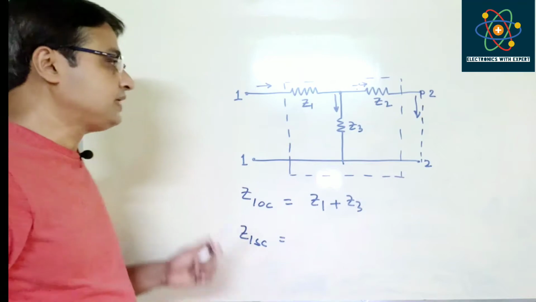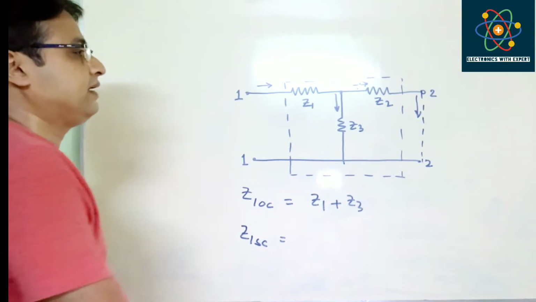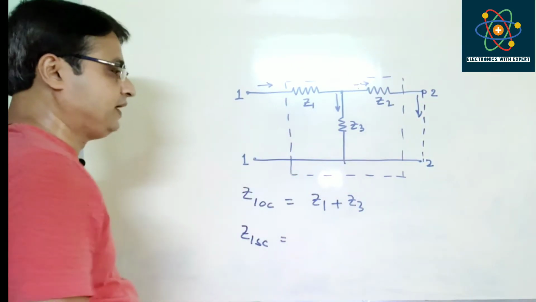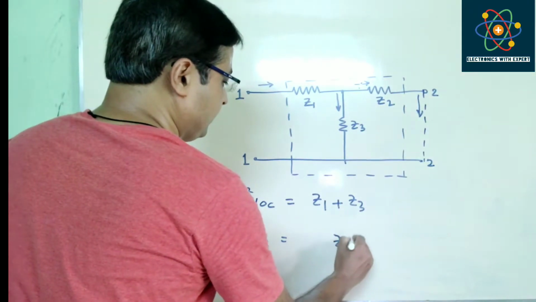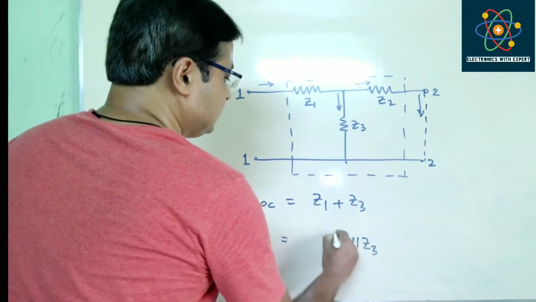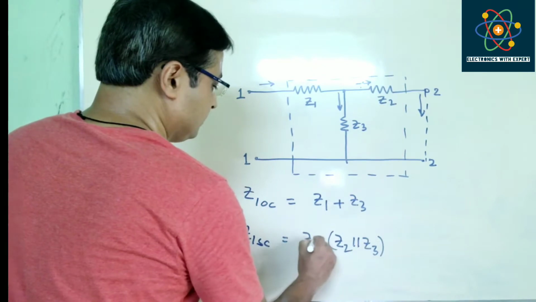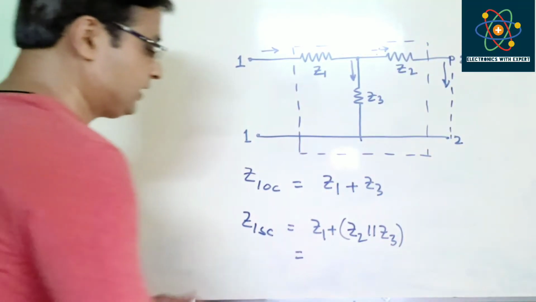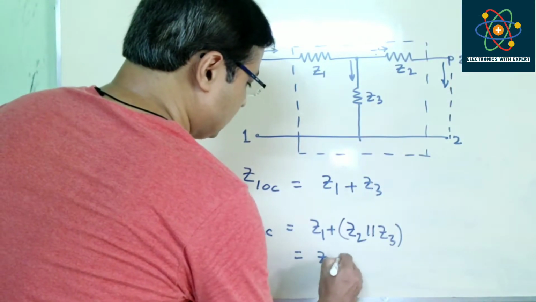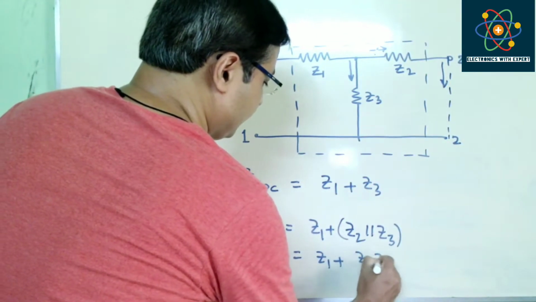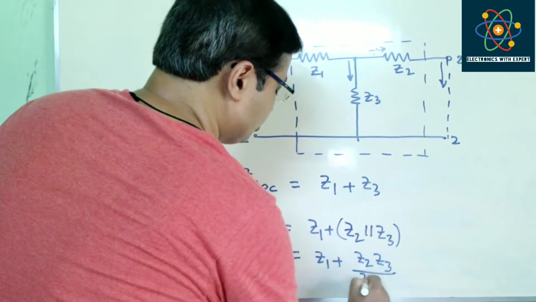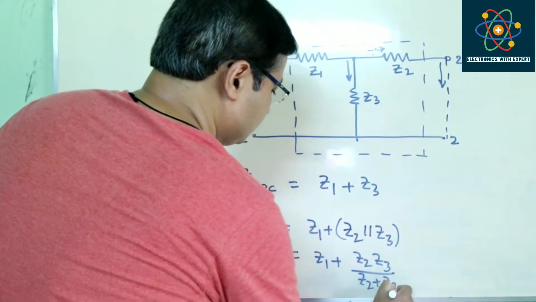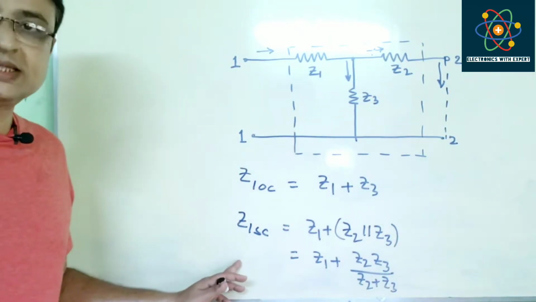So Z1 SC will be Z2 parallel Z3, which is in series with Z1. On simplification, we get Z1 plus Z2 Z3 divided by Z2 plus Z3. So this is Z1 SC.